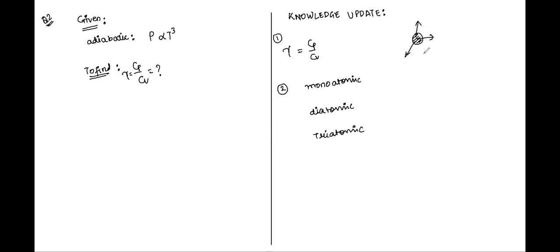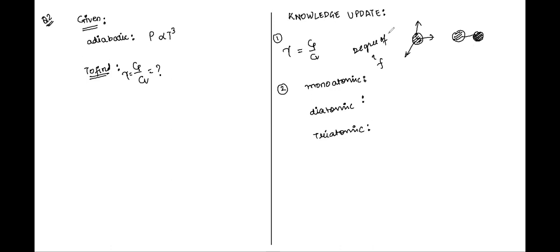So based upon their geometric structure, different molecules have different degrees of freedom in which they can vibrate, rotate, or move linearly in XYZ. On the basis of that, there is this term called F, or degree of freedom, which is different for different categories of gases.